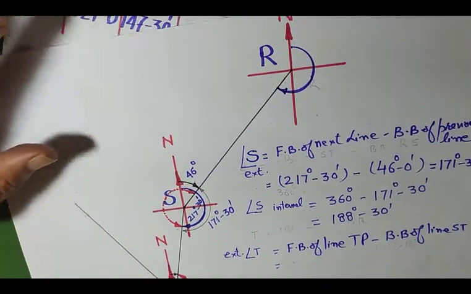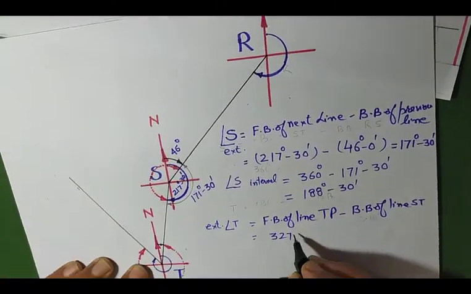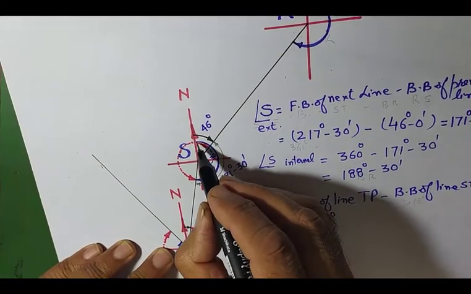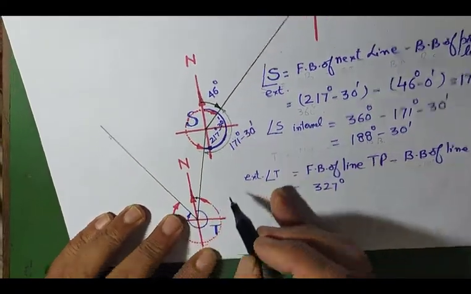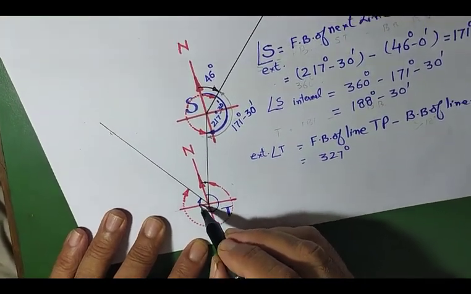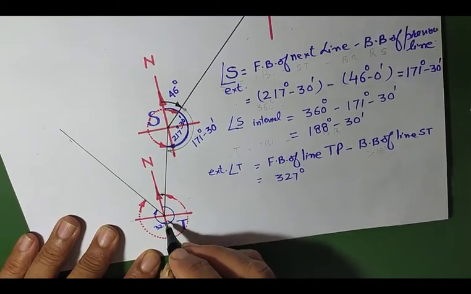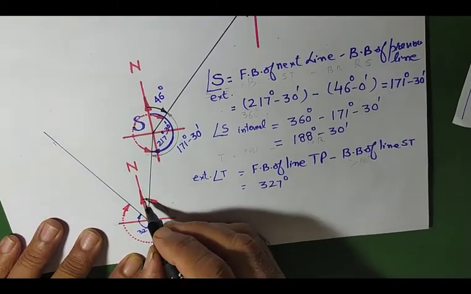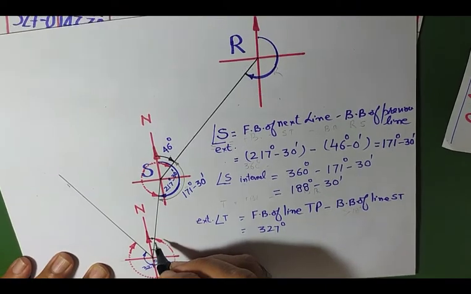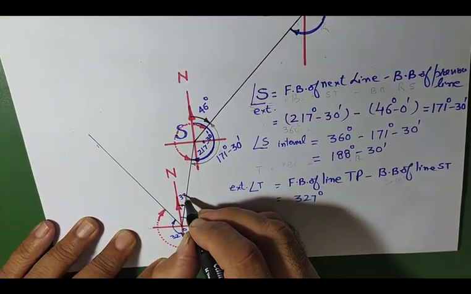So this value, forward bearing of line TP, is 327 degree. This angle with the north is 327 degree. Then the back bearing of line ST, this angle, is 38 degree.